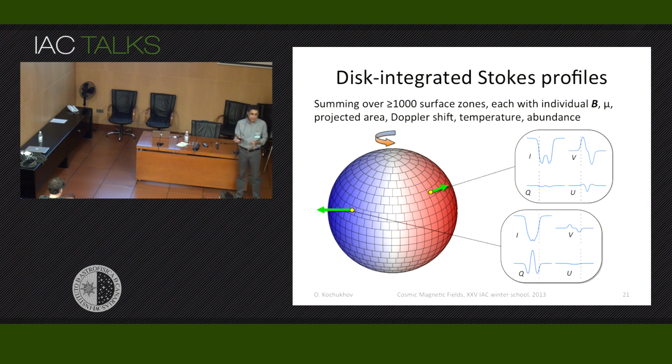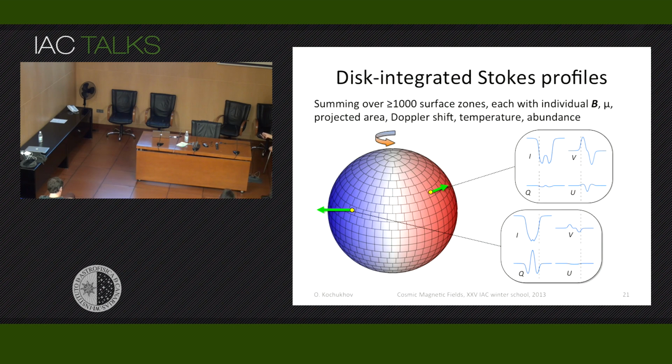So effectively, this means that we are seeing spectra originating from different heights in the atmosphere: higher towards the limb and deeper close to the disk center. So for these two small areas, we can get very different Stokes parameters.